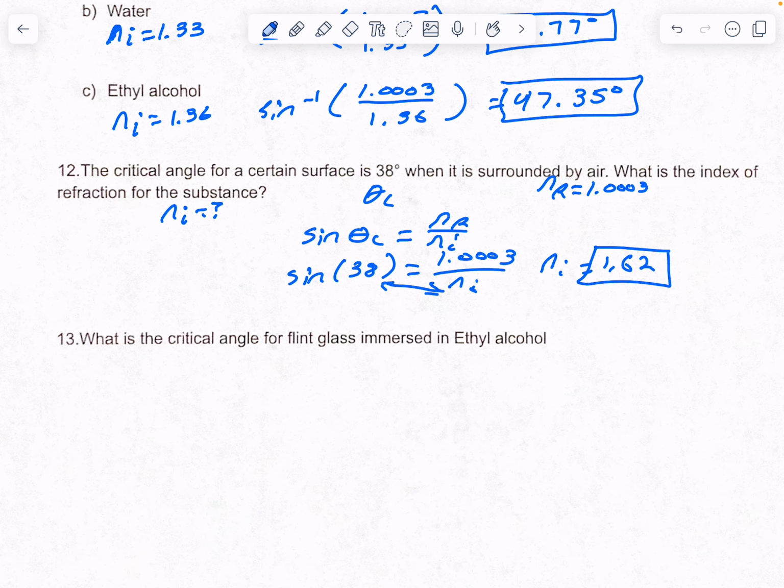What is the critical angle for flint glass immersed in ethyl alcohol? So we got to figure out which one are we going to. Okay, so flint glass, if you look it up on that box, would be 1.61. Okay, ethyl alcohol is 1.36. So again, remember these numbers basically tell you how dense it is, and critical angle is always more to less. Okay, so that means you have to be going from a more to a less.